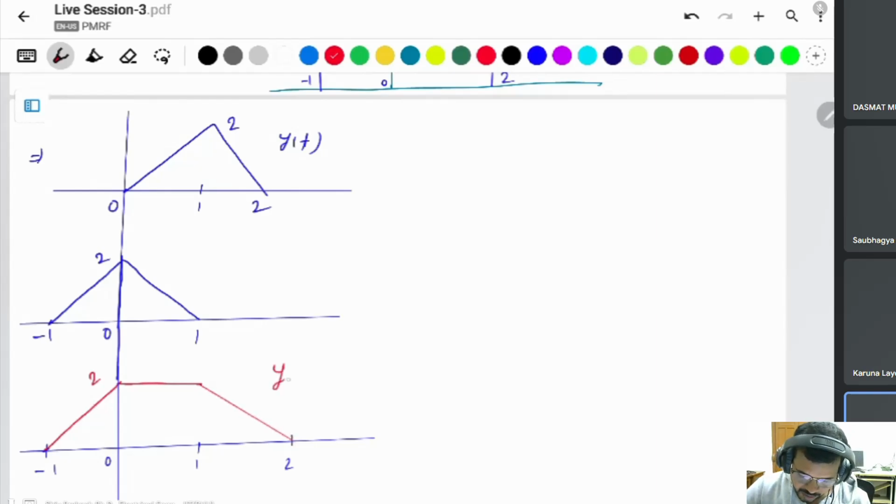This will be y2(t), which is y(t) plus y(t+1). This is 2, this is 0, finally it is 2. Adding here also, this 2, this 0, this 2. And between them the slope will be cancelled out, only a straight line is there.